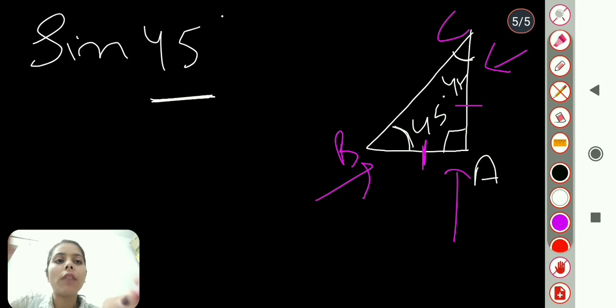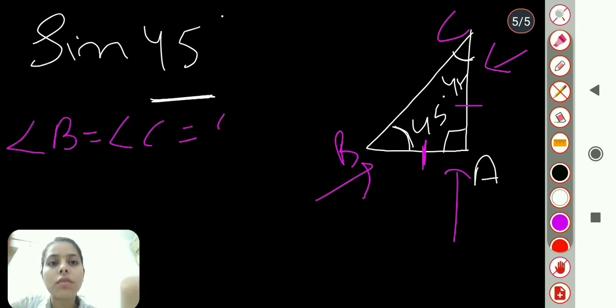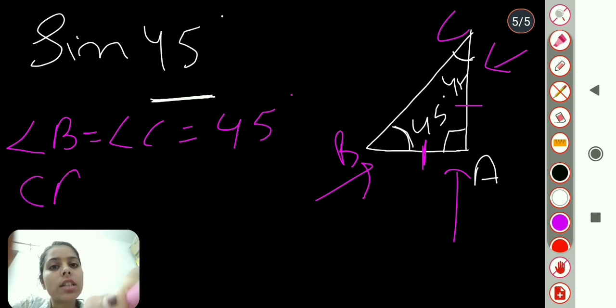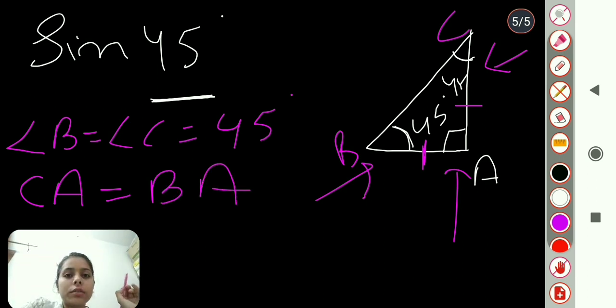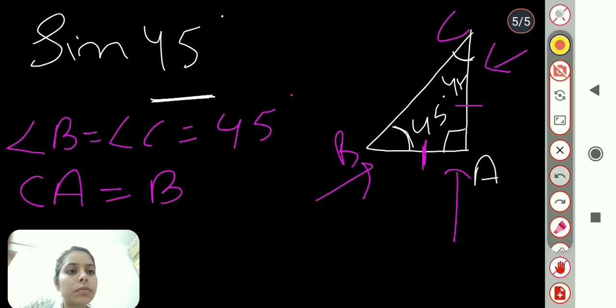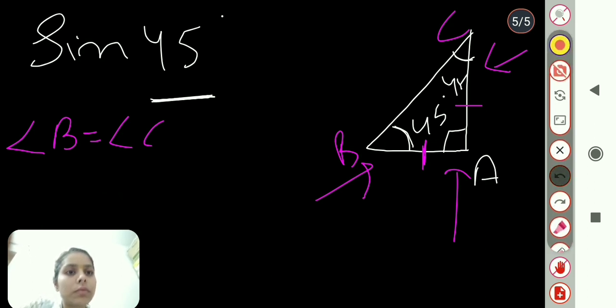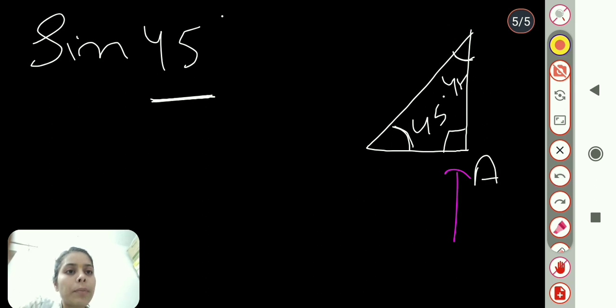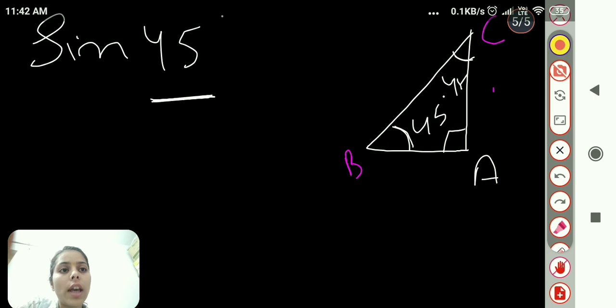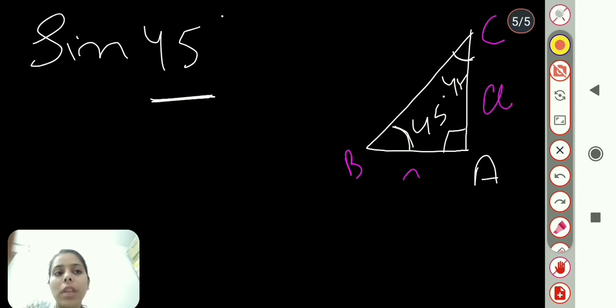So now we have angle B equals angle C, which is 45 degree, and side CA equals side BA. So let us assume this side CA as A and this side BA as A, right?